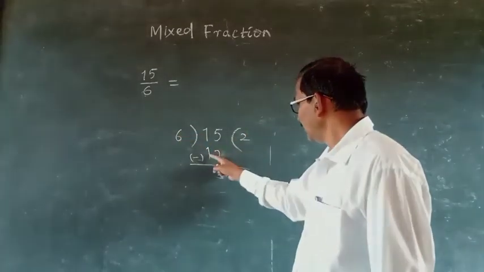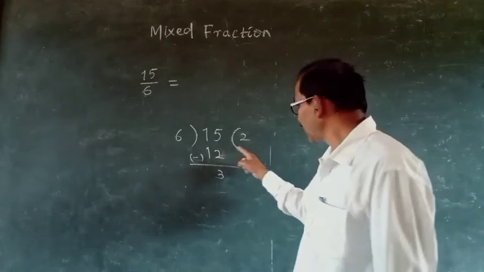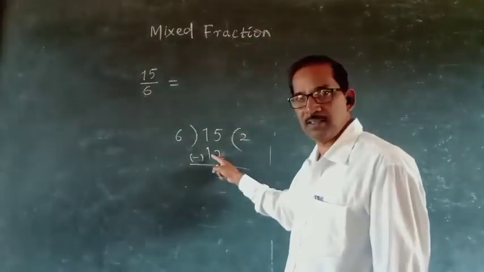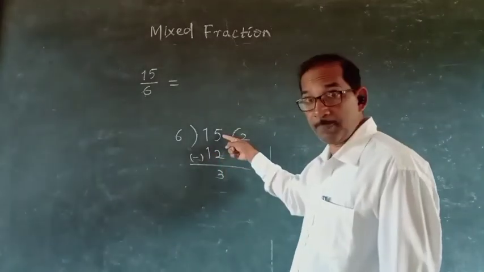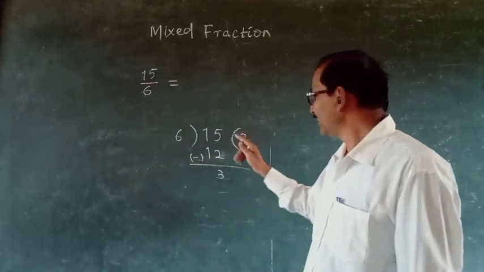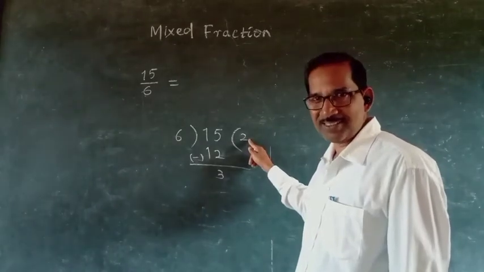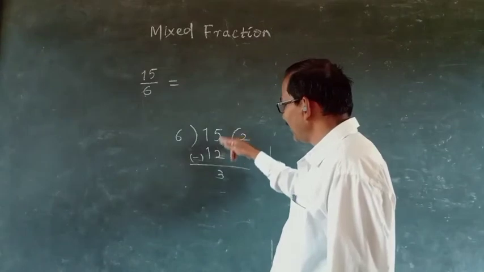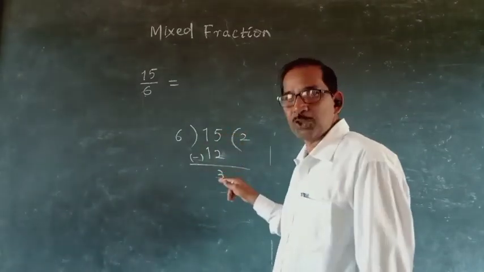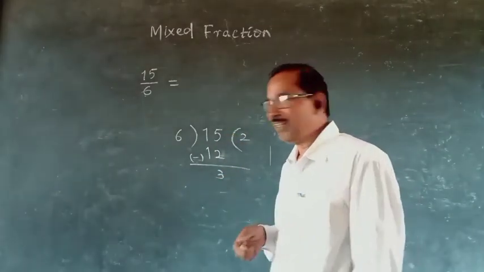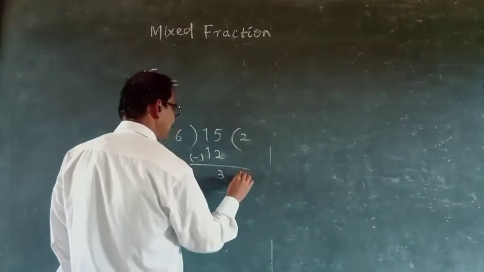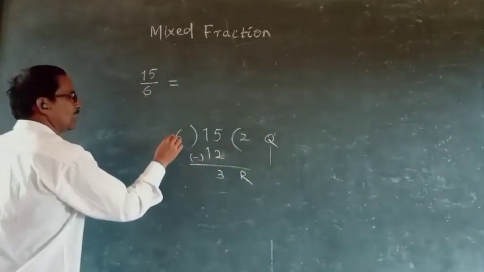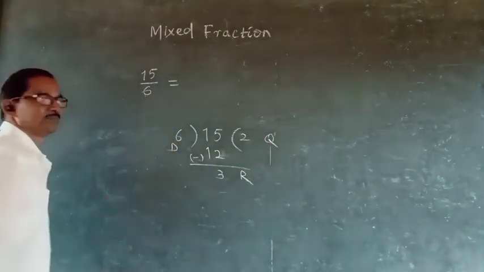6 twos are 12. We cannot take 3 here because if we take 3, 6 threes are 18, so 18 will be more than 15. So we cannot take 3 here as a quotient. Now 6 twos are 12, and deducting it from 15, we get 3. So 3 is the remainder. 2 is the quotient. 6 is the divisor.